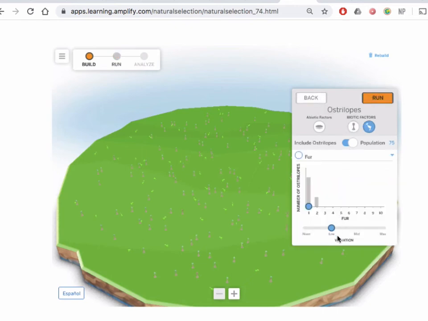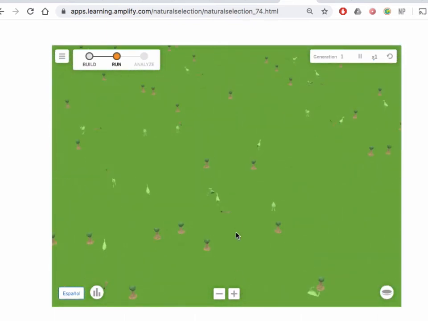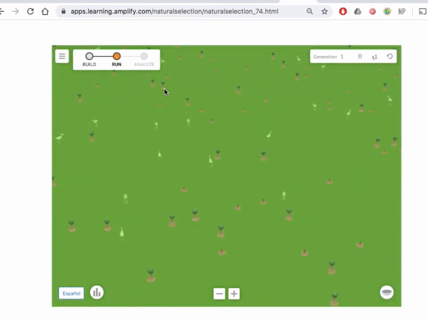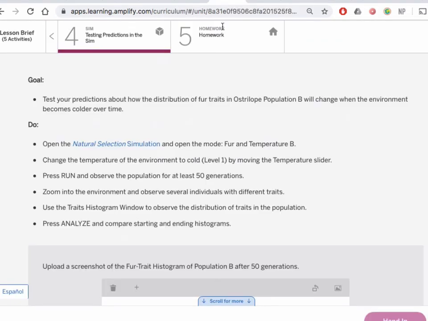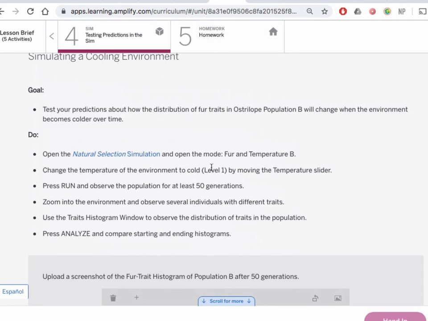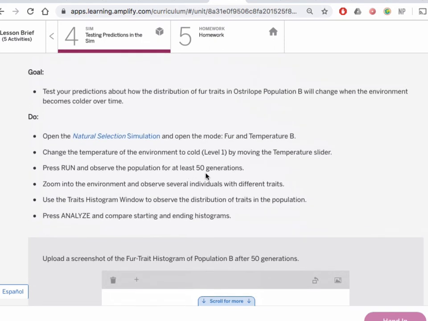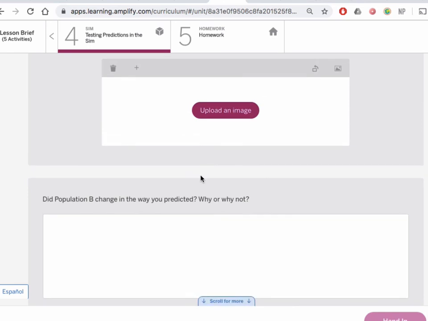And it's cold. So if I run that, we're going to see some dead australopes. So it wants you to upload a screenshot of that. Zoom into the environment and observe several individuals with different traits. 50 generations again, so this is going to take some time.